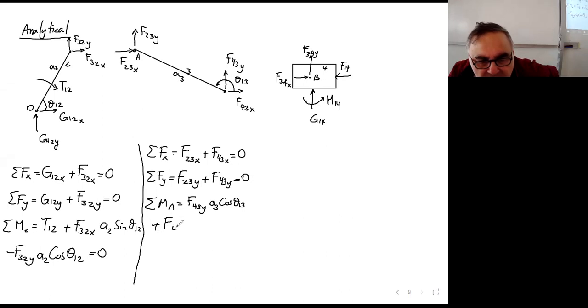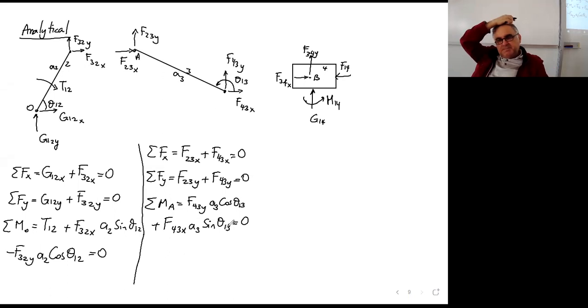Just a second. F43x, let me write this down. A3 sine theta 3 equals 0.